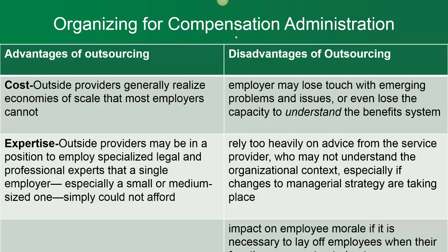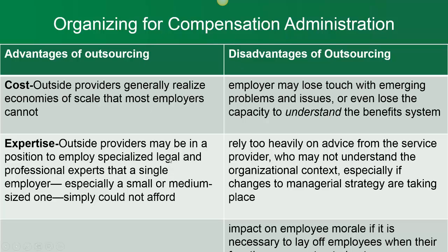Some of the advantages that we know of are basically cost. Outside service providers do provide economies of scale in that they're running payrolls and they're managing healthcare benefits for so many other companies. So for your company to be added on might not be as big a deal for them as for you to have to recreate that same infrastructure. The expertise is another advantage.